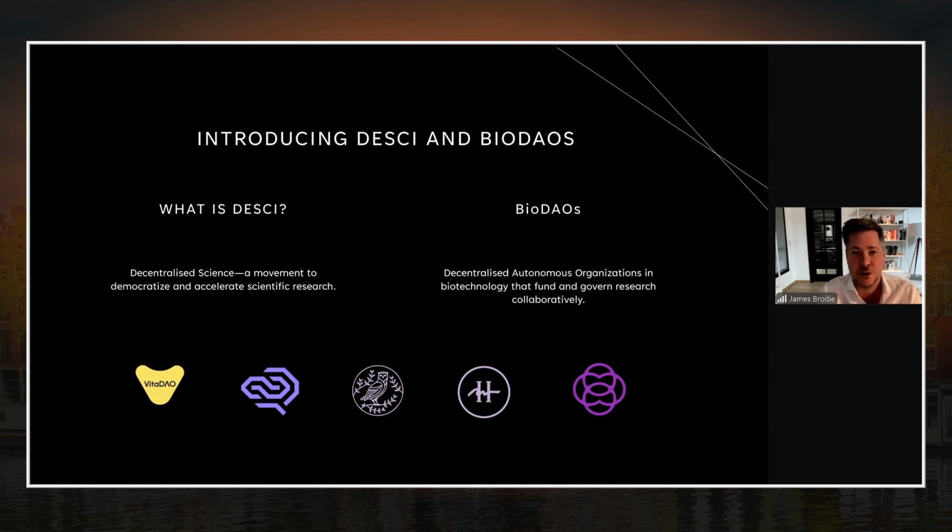These are biotechnology-focused, decentralized autonomous organizations. The aim of a BioDAO is to find a community and to pool capital together to fund research collectively, so everyone within a BioDAO has a shared vision. Through governance and this shared treasury, they can start directing funding to the areas that matter to them most. We're moving from a profit-oriented model where shareholders have control to a model where stakeholders have control.